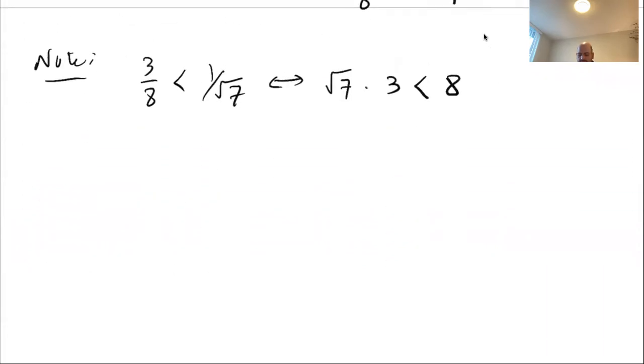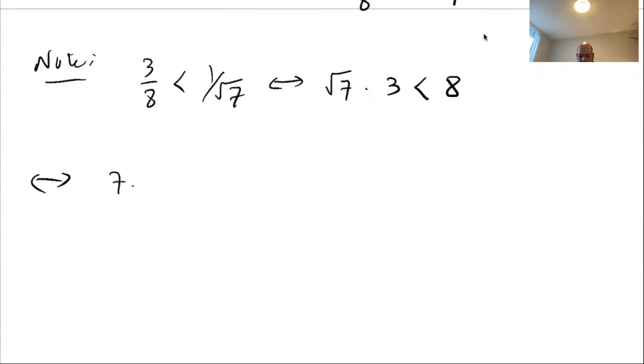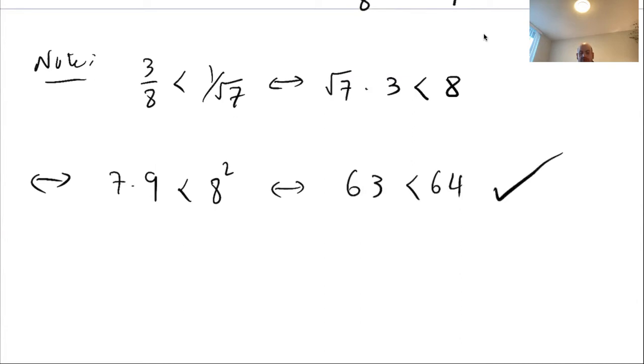And this inequality will hold if and only if 7 times 9 is less than 8 to the power 2, which means 63 must be less than 64, which is correct.